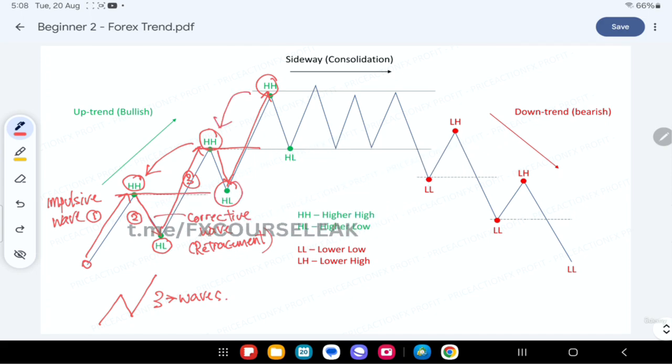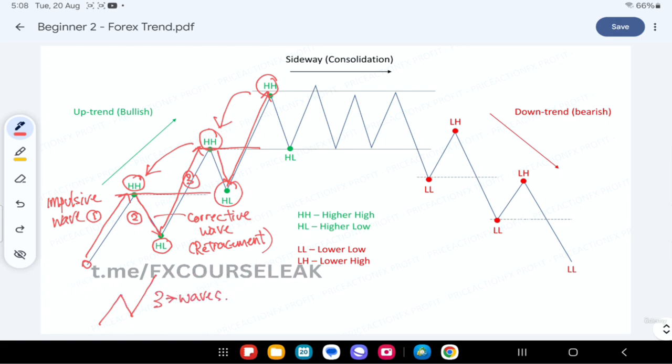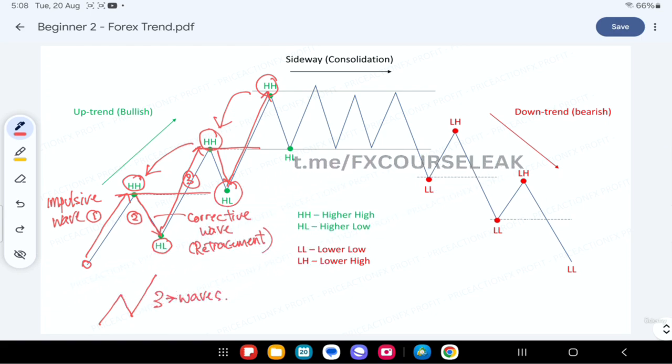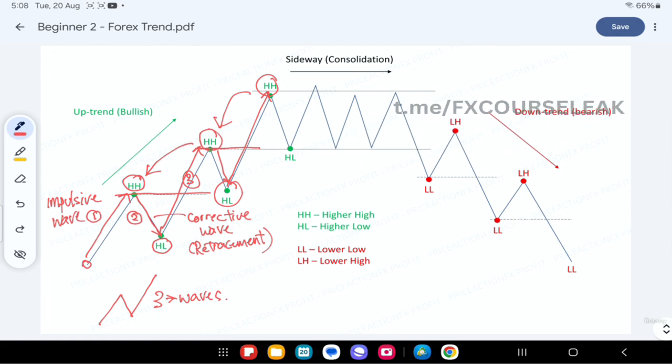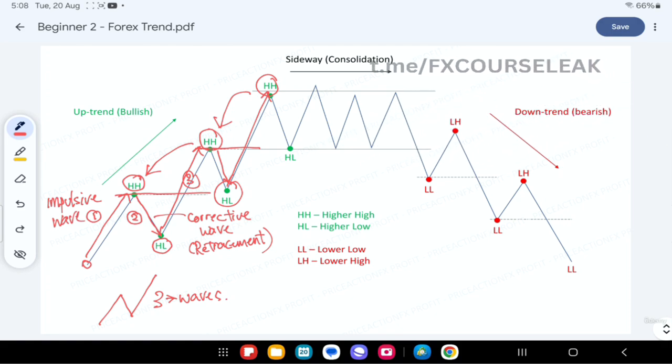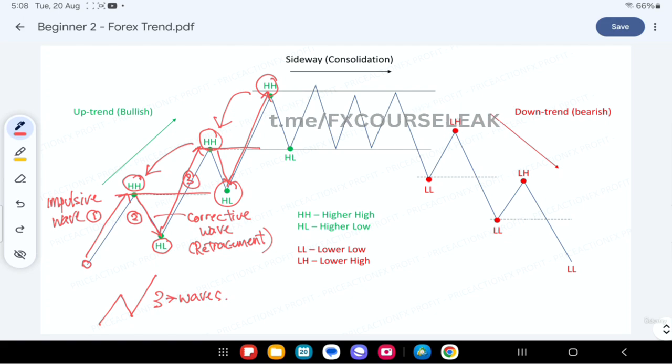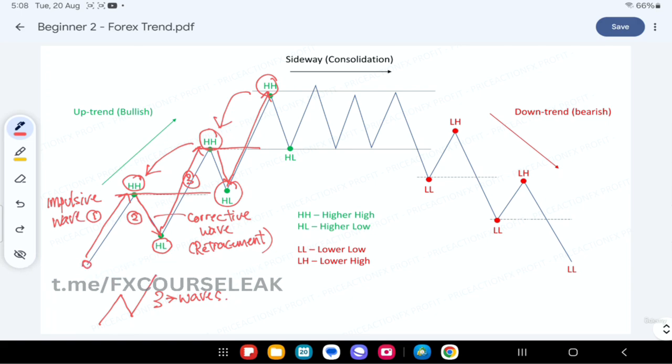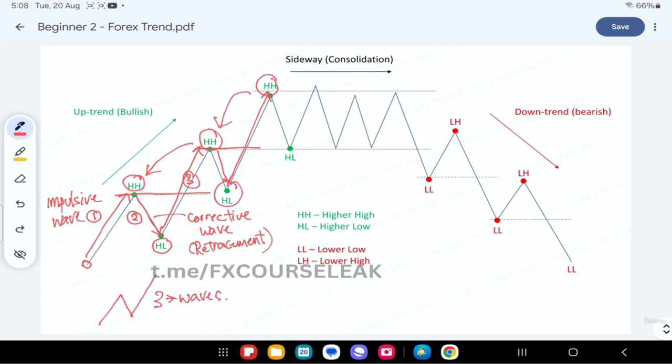So if the bullish trend wanted to continue some more, it will have to rest a while and an impulsive wave comes, forming a new higher high. So if the chart is continuously making a new higher high, a new higher low, and again another new higher high, that means this is a continuous bullish trend.